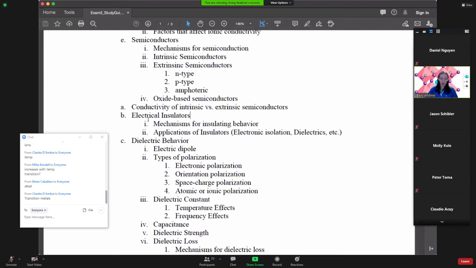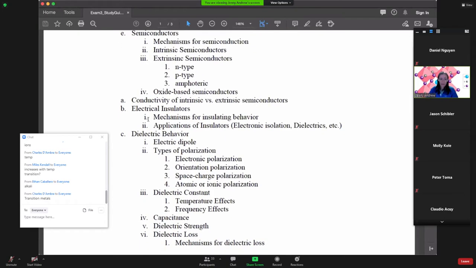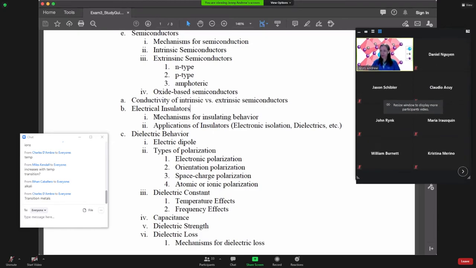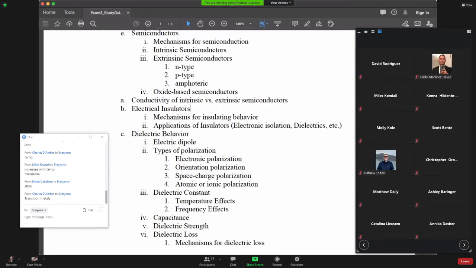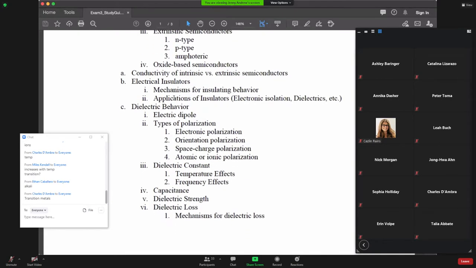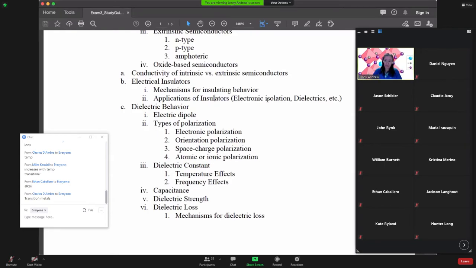So the next thing we talked about were electrical insulators. So mechanisms for insulating, not having mobile charge carriers. So you have this band structure that makes it impossible to conduct. That would be a mechanism for insulating behavior. And then depending on the insulators, we can have electronic isolation.